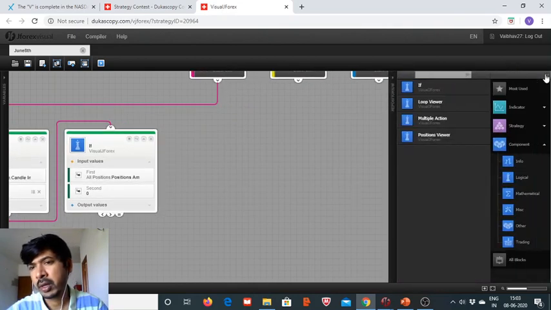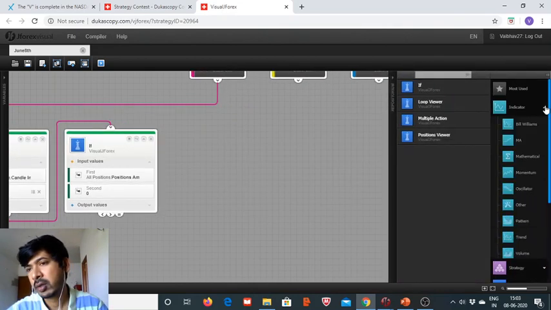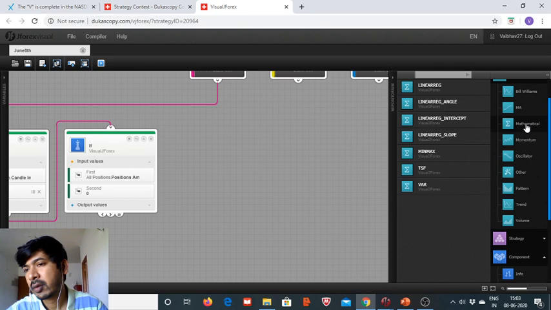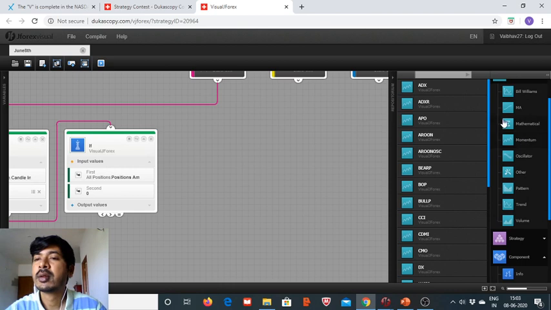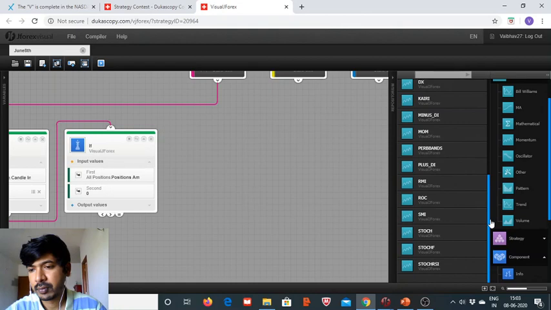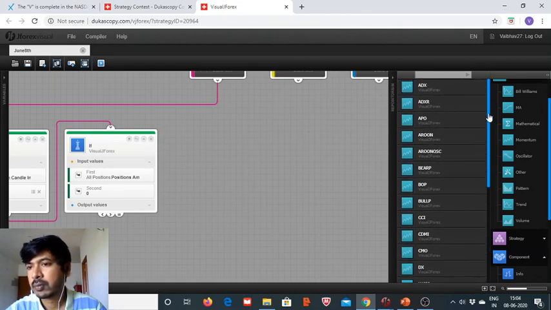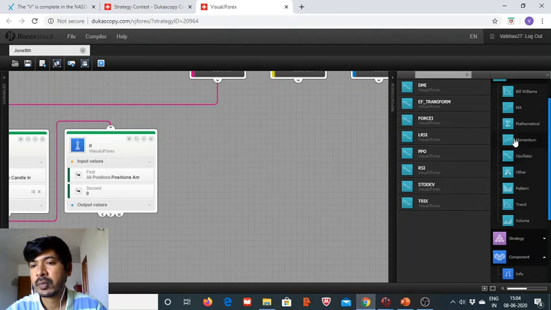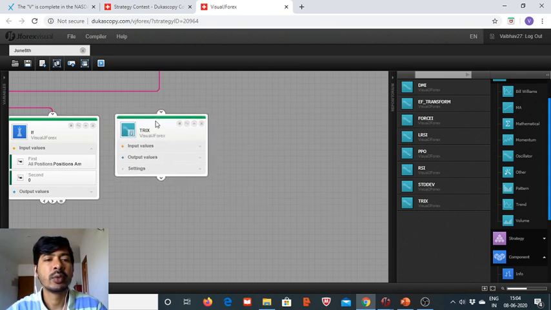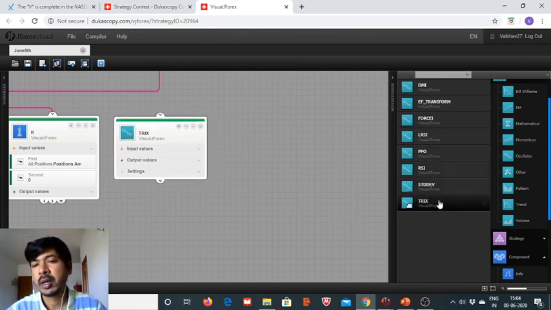We'll need to bring in 2 TRIX blocks. So here comes the indicator and TRIX. Okay, we got the TRIX. We need to double it, so we got another TRIX block.